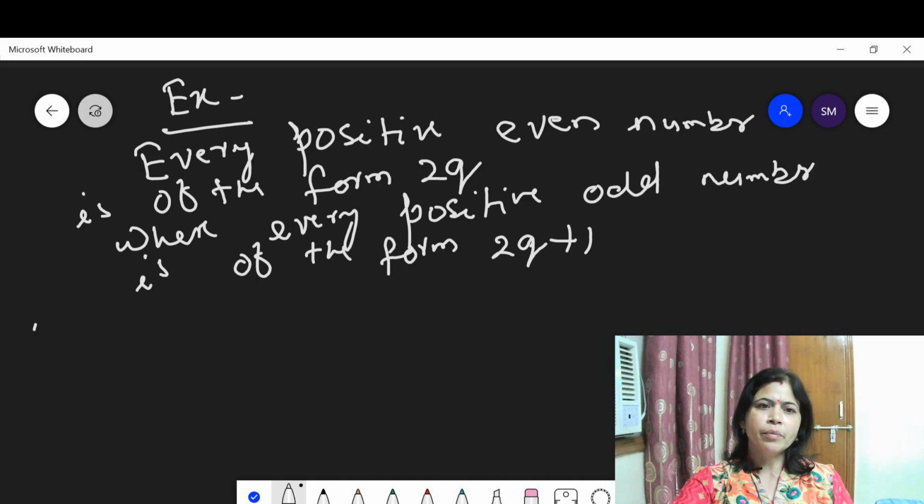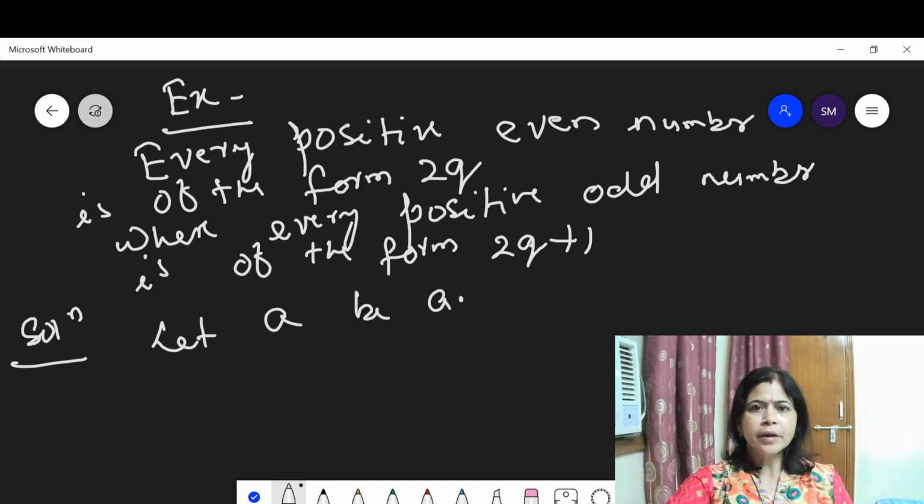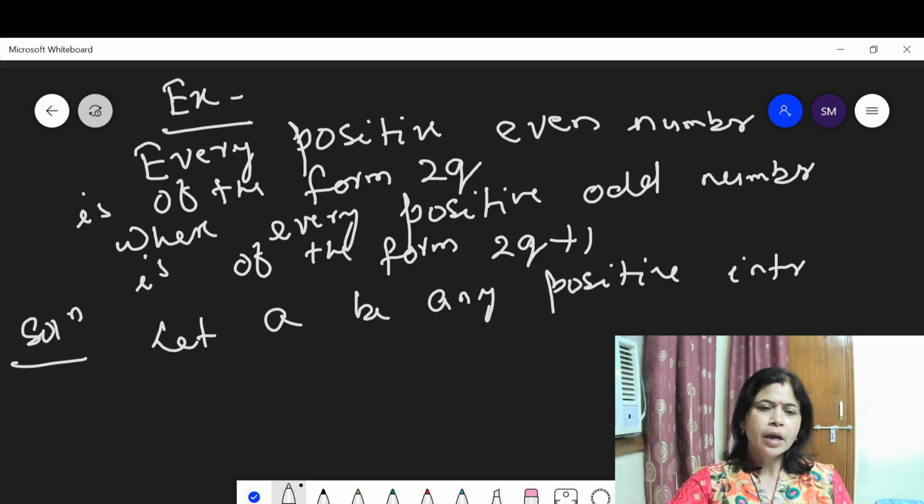Now let us solve. Let a be any positive integer and b equal to 2.